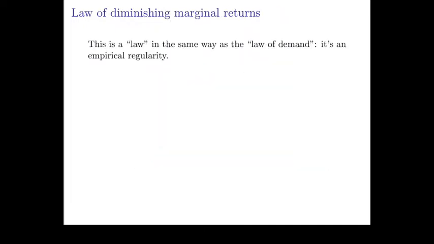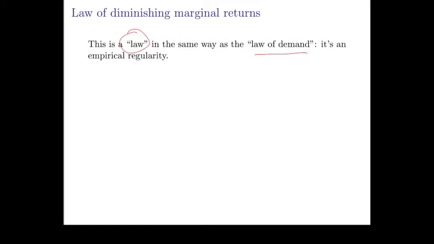In the example that I graphed for you in the previous slide, we saw that the marginal product is eventually decreasing. So as we increase labor, eventually the marginal product starts to decrease. So there's a quote-unquote law of diminishing marginal returns, which says that as you increase the use of a given input, fixing the other inputs, the marginal product is going to diminish. This is a law in the same sense that we have the law of demand.